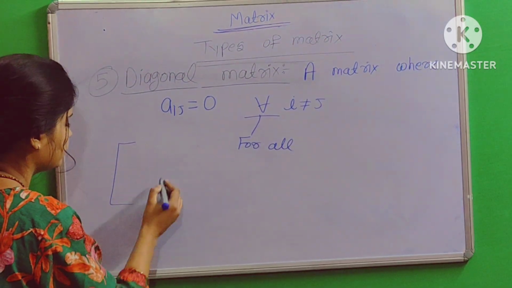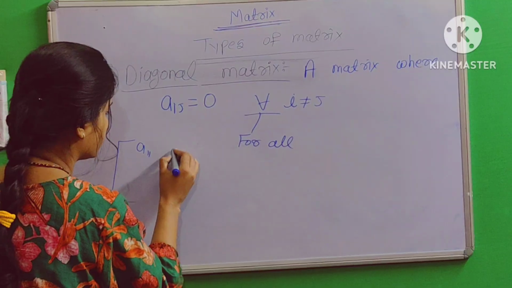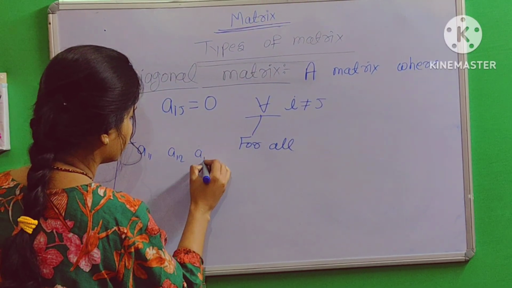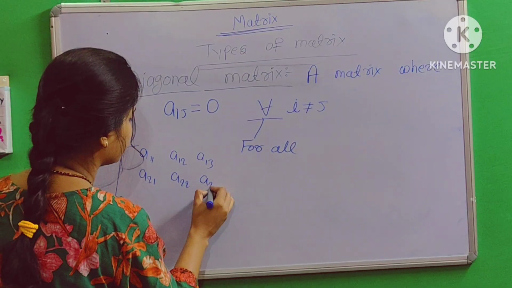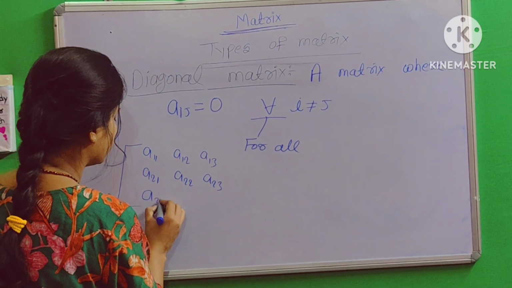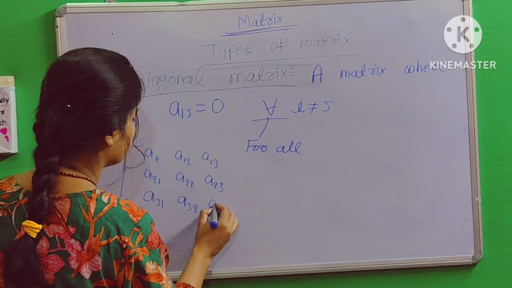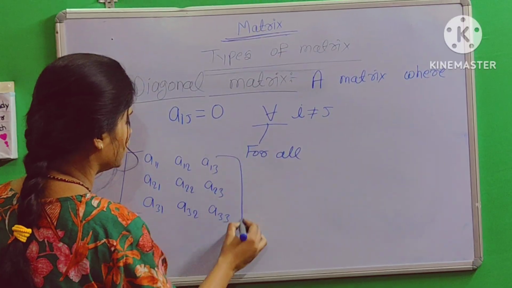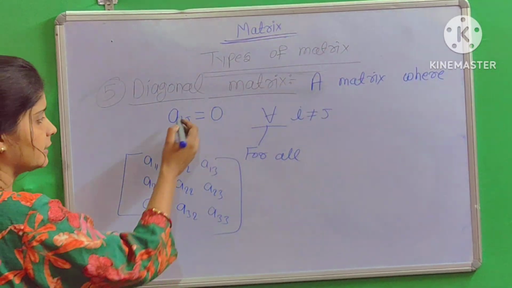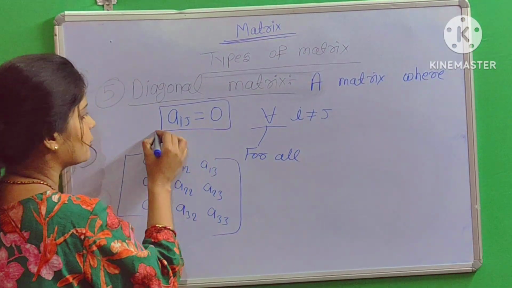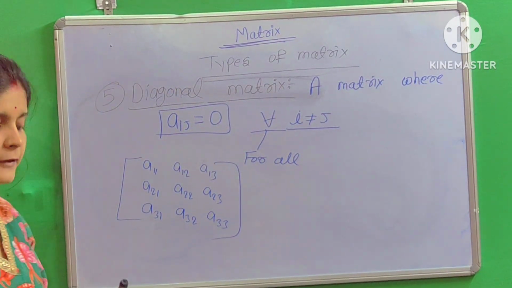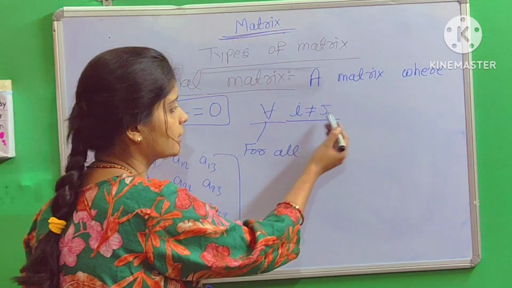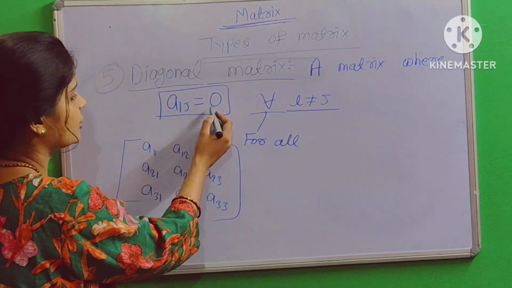Here is A11, A12, A13, A21, A22, A23, A31, A32, A33. In this case, I am saying Aij is equal to 0 for all i not equal to j. Where i and j are not equal, there Aij is equal to 0.